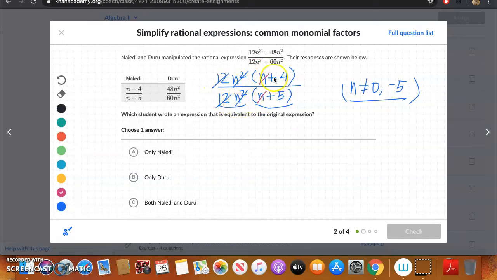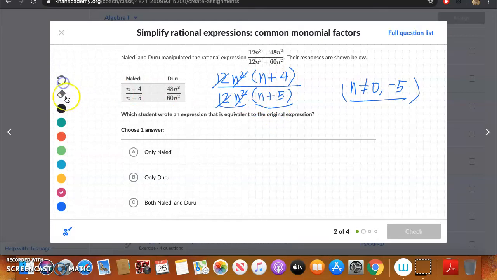They're not multiplied. They're added. N up top is added to 4, n on the bottom is added to 5. These are complete binomial factors. So these n's are not monomial factors. You can only cancel factors. The factors are n plus 4, n plus 5. They're not the same. Therefore, you cannot cancel.